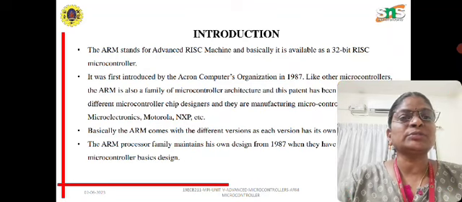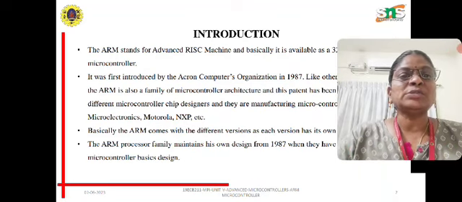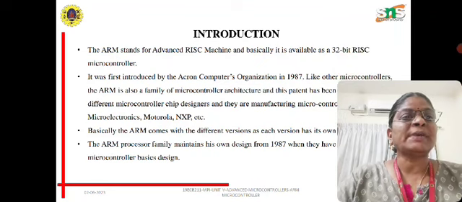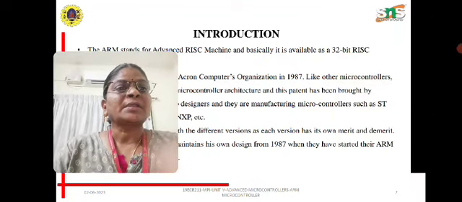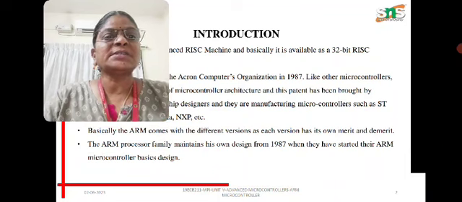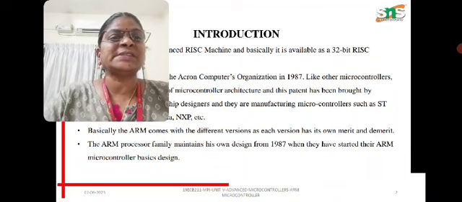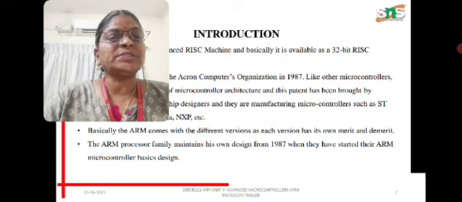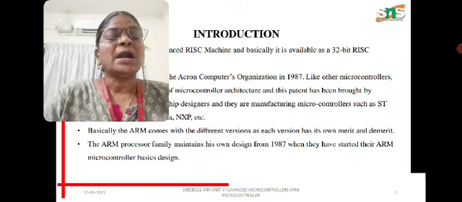Like other microcontrollers, the ARM is also a family of microcontroller architecture, and this patent has been bought by some chip designers, and they are manufacturing microcontrollers such as ST, NXP, etc. Basically, ARM comes with different versions, as each version has its own merit and demerit.